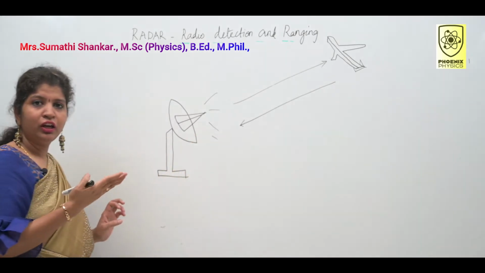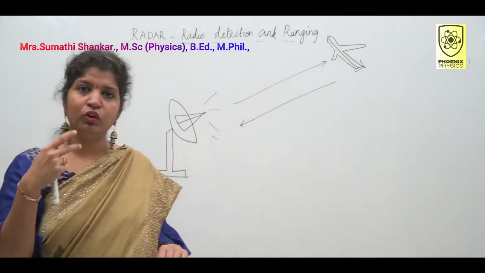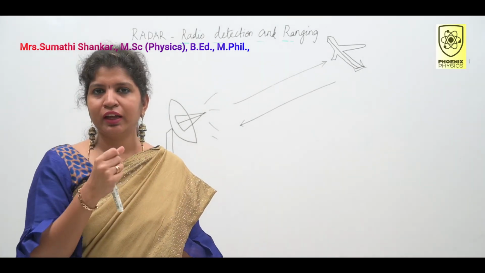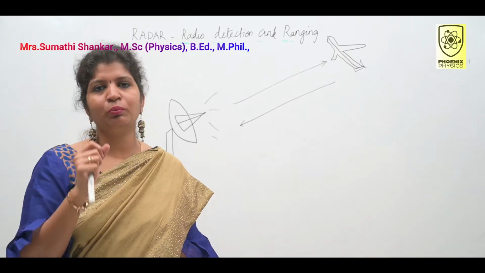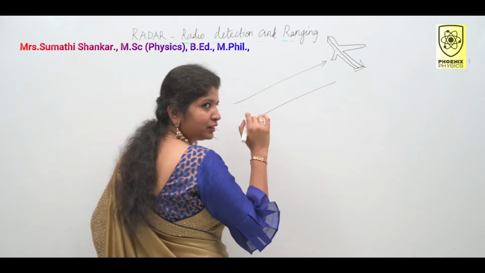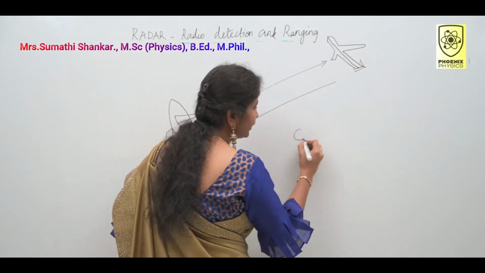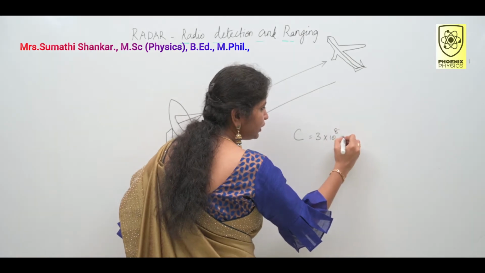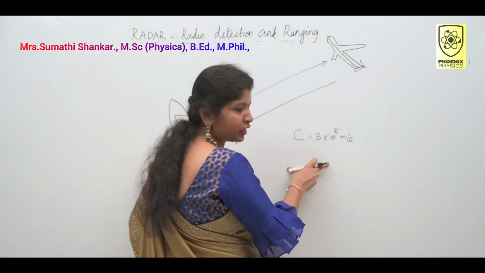You know very well, radio wave is one of the electromagnetic waves. What is the special characteristic of electromagnetic waves? Electromagnetic waves travel with the speed of light, c equal to 3 into 10 to the power of 8 meter per second.